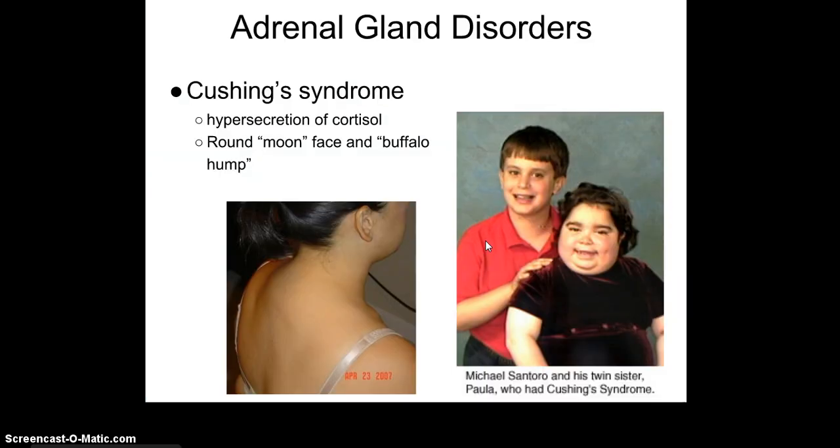And then you have some abnormalities here. Cushing's syndrome. It's usually caused by a tumor or from using steroids. You have dramatic losses in muscle and bone protein and water salt retention, leading to the moon face, a redistribution of fat to the abdomen and posterior to the back, which causes the buffalo hump, and a tendency to bruise and poor wound healing.